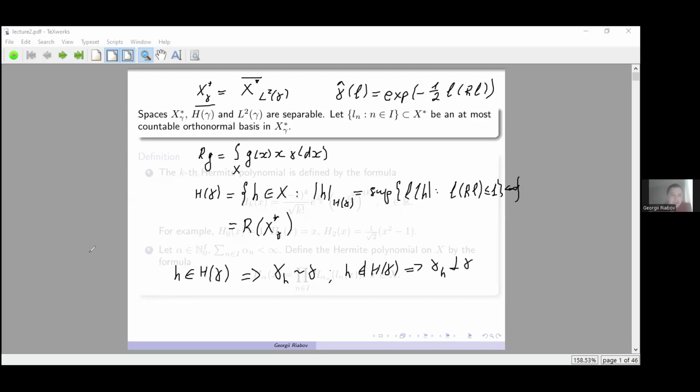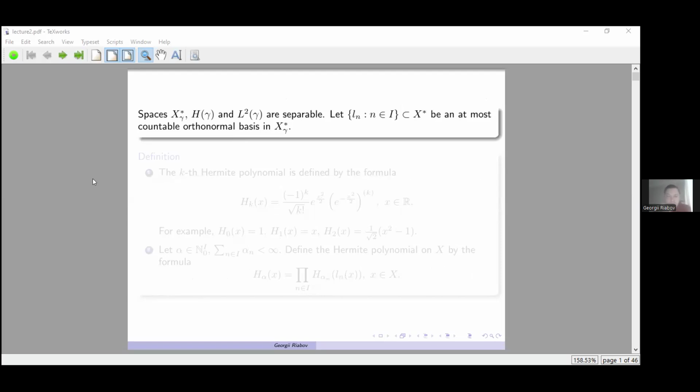And now let's introduce the so-called Ito-Wiener expansion. Okay, so this is a standard fact that L2 of gamma is a separable Hilbert space. Then it follows that we can choose an at most countable orthonormal basis in this space X star gamma.